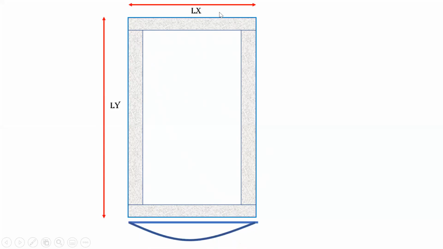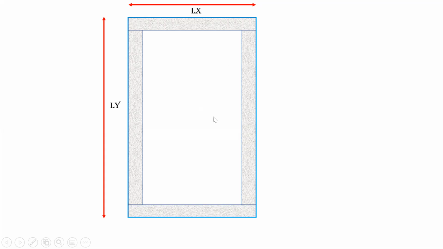We know that if LY by LX is greater than 2, then we call this a one-way slab. Compared to the LX direction, the LY direction is long. So by looking at this particular slab, it's understood that it's a one-way slab.